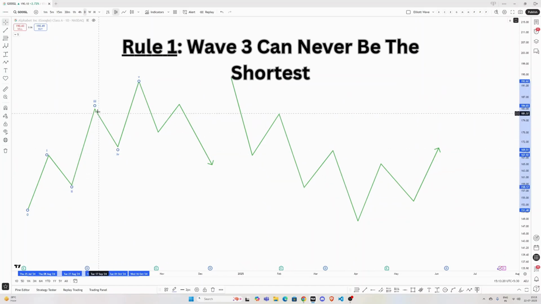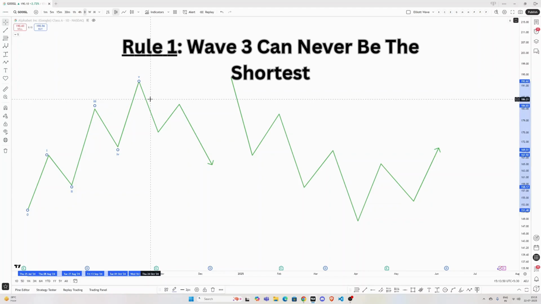Wave 3 cannot be the shortest of 1, 3, and 5. These legs 1, 3, and 5 are in the direction of the primary trend, and out of these 3 legs, 3 can never be the shortest. 3 can be shorter than 1 or maybe shorter than 5, but it cannot be shorter than both. Often wave 3 is the largest of all 3 of them, but it can never be the shortest.